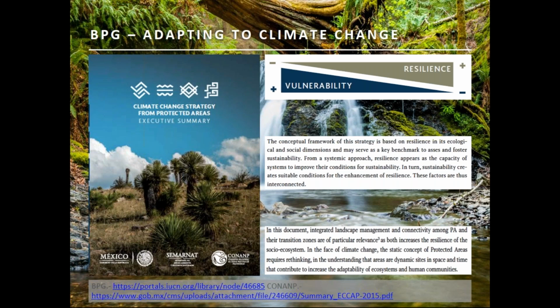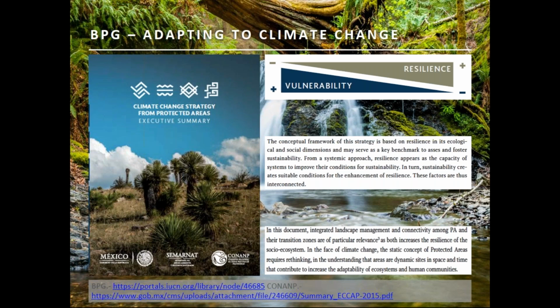So 3-4 years after implementing that strategy, we decided to take a closer look at the role of protected areas. That recalls the nature-based solutions concept. If we assume that protected areas are a natural solution to climate change, then the focus should change from the impacts on protected areas to how protected areas are a solution.